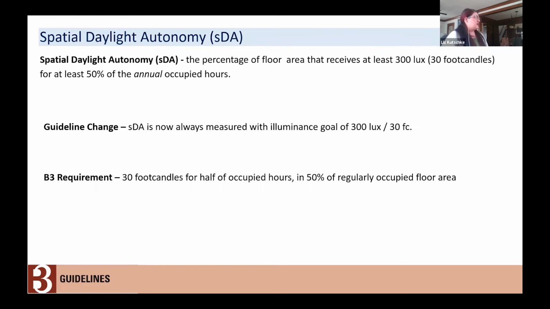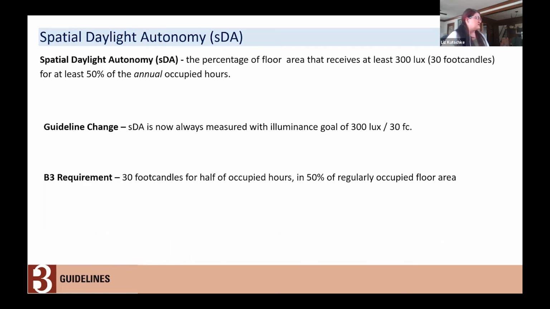So back to our metric discussion, just a little bit more in depth. As I mentioned, the spatial daylight autonomy is the percentage of floor area that receives at least 30-foot candles or 300 lux for at least 50% of the annual occupied hours. So this is an annual measure based on the occupancy of the building.